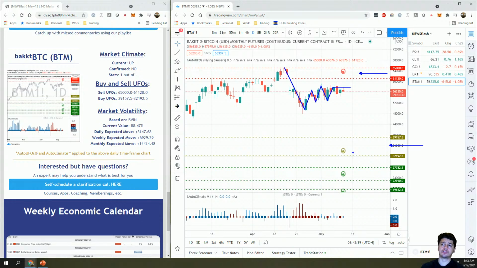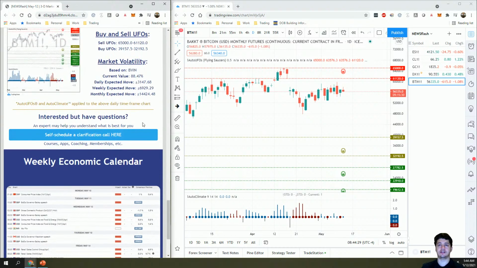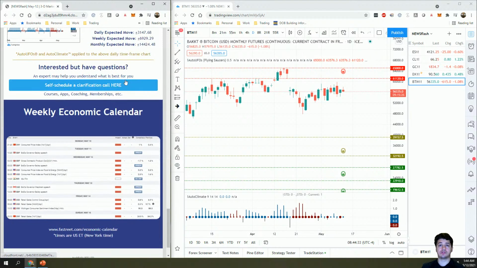A lot of altcoin action, a lot of Ethereum action has taken some of the volume from Bitcoin and put it into other places. Based on the volatility, it's almost funny to say, but it's extremely volatile. It's extremely elevated volatility, 88%. So definitely be careful if you are trading Bitcoin.